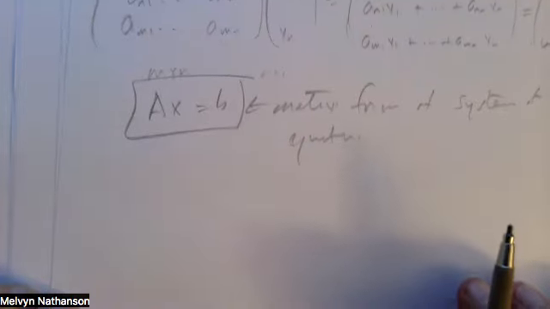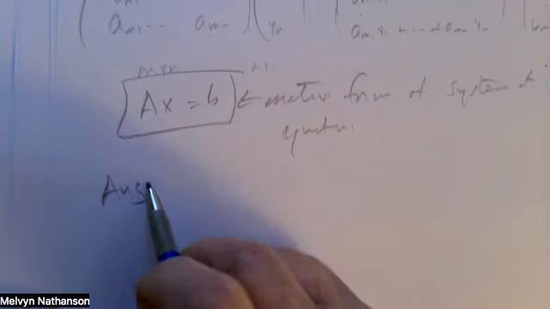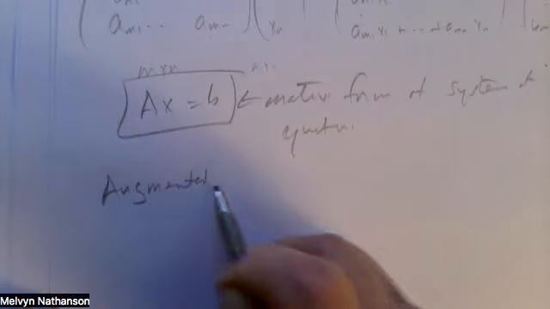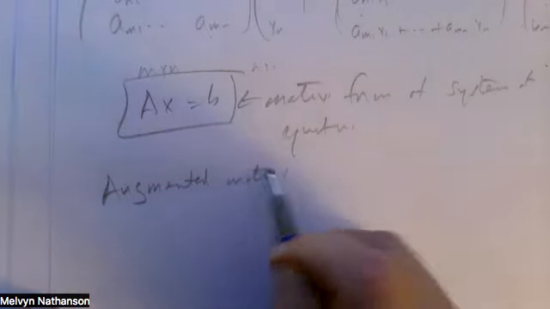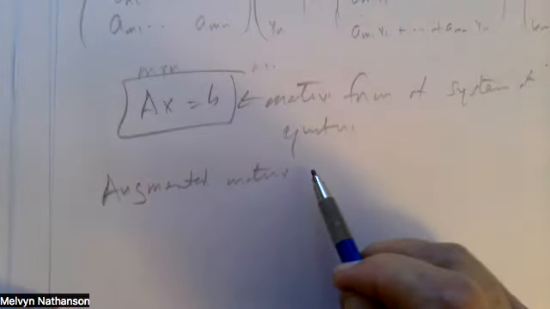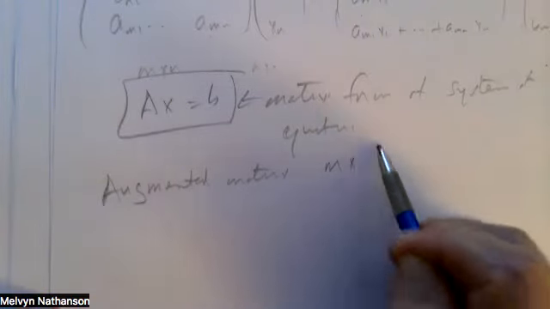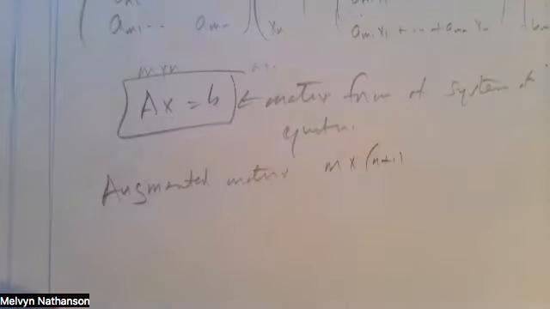Now, there's another matrix we associate with the system of equations. In our system of equations, we had not only the A's times the X's, but this right-hand side. So I want to take what is called the augmented matrix. The augmented matrix is going to be m rows, but n plus 1 columns.